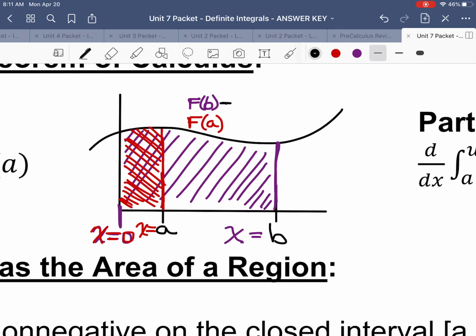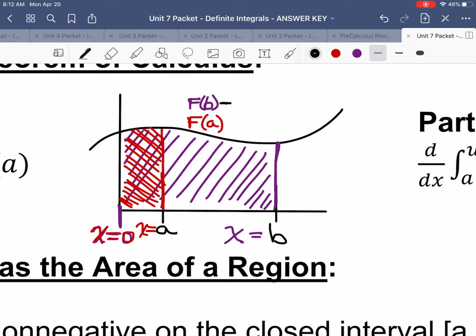And what we learned way back in Algebra 1 is that if you wanted to find the distance, the area between two intervals or regions, find the difference between those two. All right, so that's what we're looking at here.